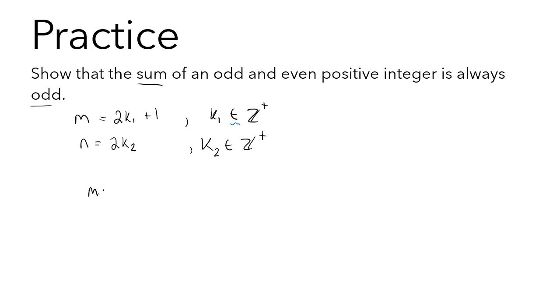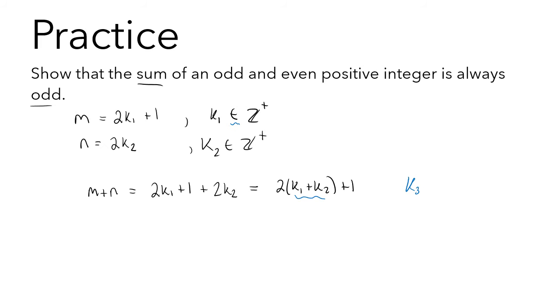So let's do it. m plus n by what I wrote is equivalent to 2k1 plus 1 plus 2k2. Now if I regroup this, this is equal to 2 times (k1 plus k2) plus 1. Well, notice that this, no matter what those integers are, is still going to be an integer.